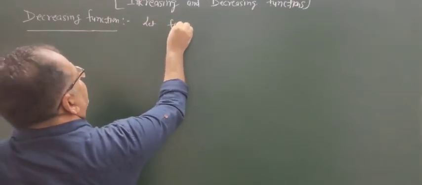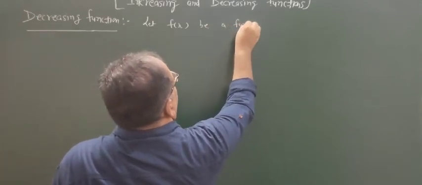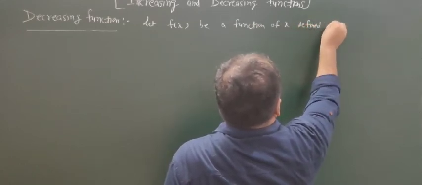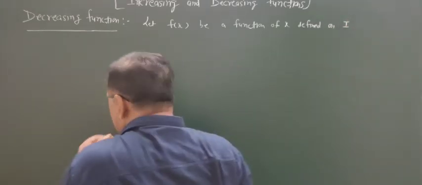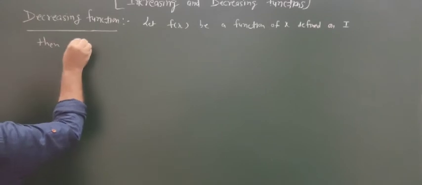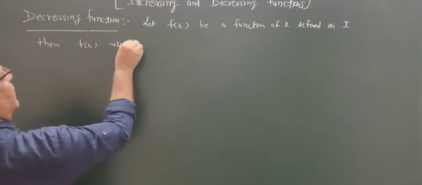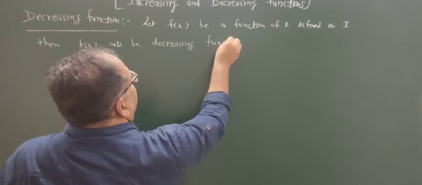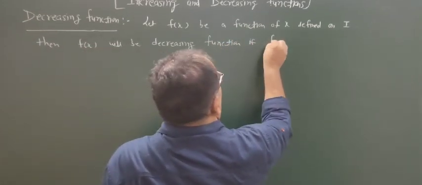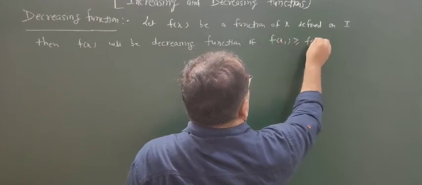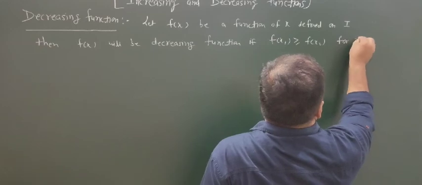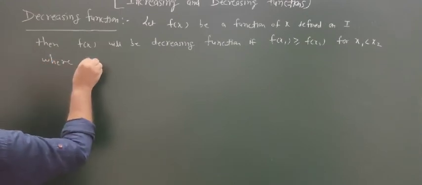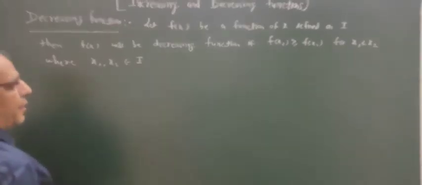Let f(x) be a function defined on I. Then f(x) will be a decreasing function if f(x1) is greater than or equal to f(x2) for x1 less than x2, where x1 and x2 are elements of interval I.